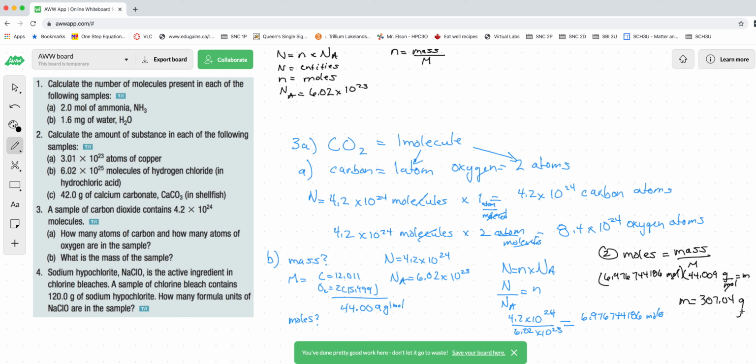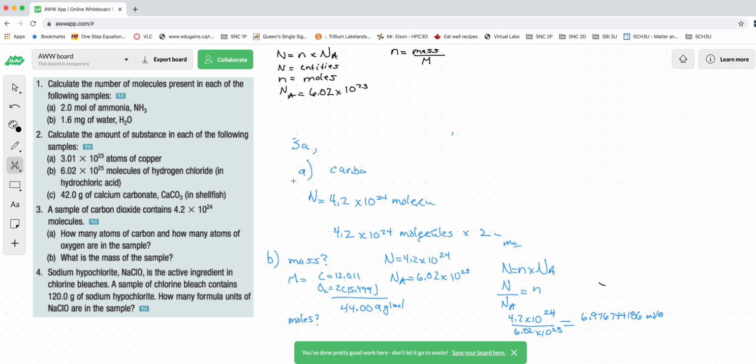And then question 4, sodium hypochlorite is the active ingredient in chlorine bleaches. A sample of chlorine bleach contains 120 grams of sodium hypochlorite. So how many formula units are in the sample?